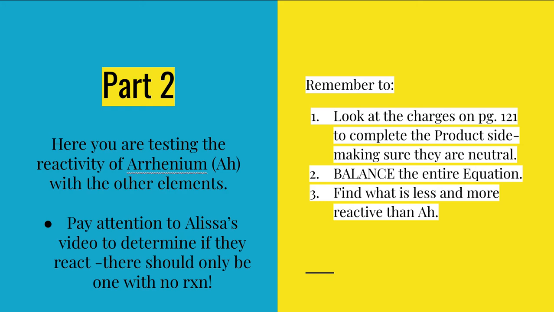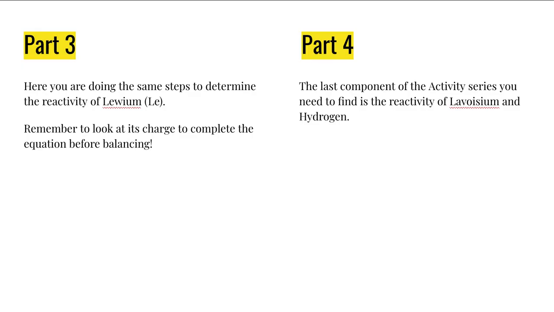And then the third thing is just another reminder: write down which fictitious elements are more or less reactive than iridium. You're going to have to write that down on the second part of part 2. Alrighty, so part 3 and 4. They're pretty simple.